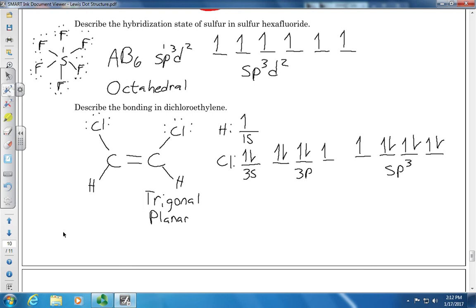The last one, and probably the most relevant one, is carbon. Now, normally you would look at carbon and say, okay, in its valence shell, again, we're only dealing with the valence right now, you'd have 2s up and down. Let's shorten that up.